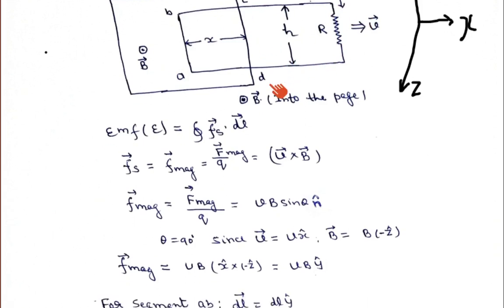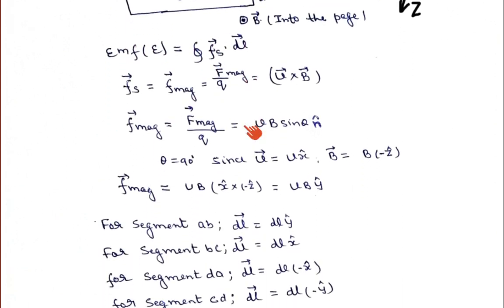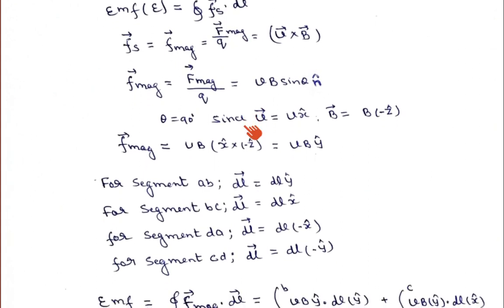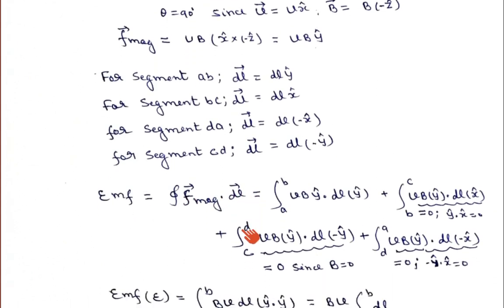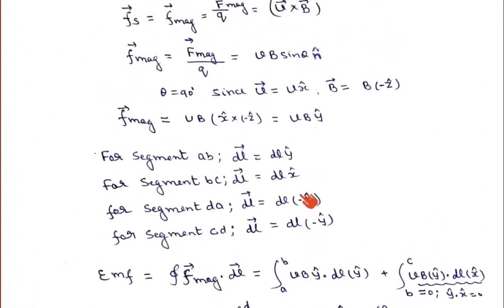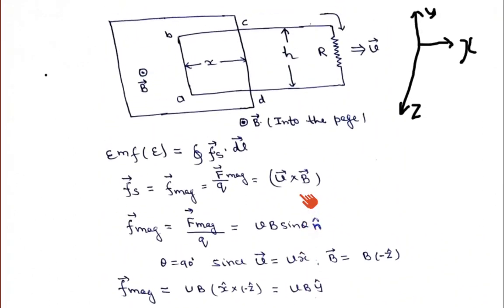In order to find the EMF, we require the line integral of Fs dot dl. Here Fs is magnetic, so EMF is the closed-path line integral of F magnetic dot dl, which can be written in segments: AB, BC, CD and DA.